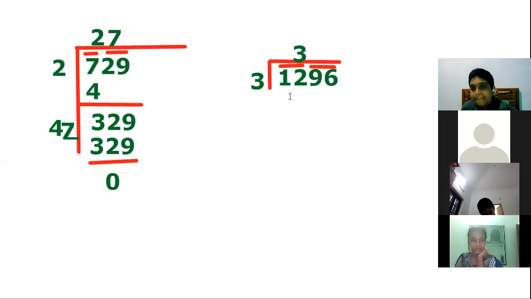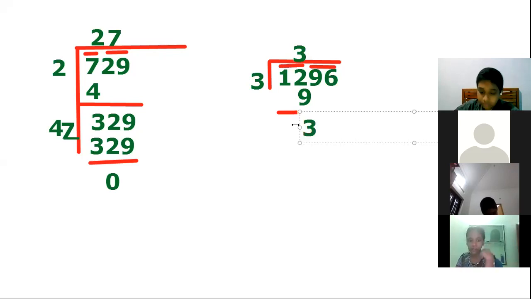So 3 into 3 is 9. While subtracting, what happens? 12 minus 9 is 3. And we bring down the next pair, that is 96. Then the number becomes 396.